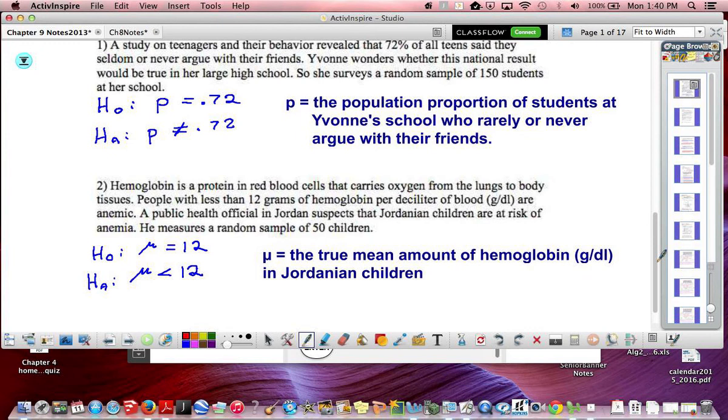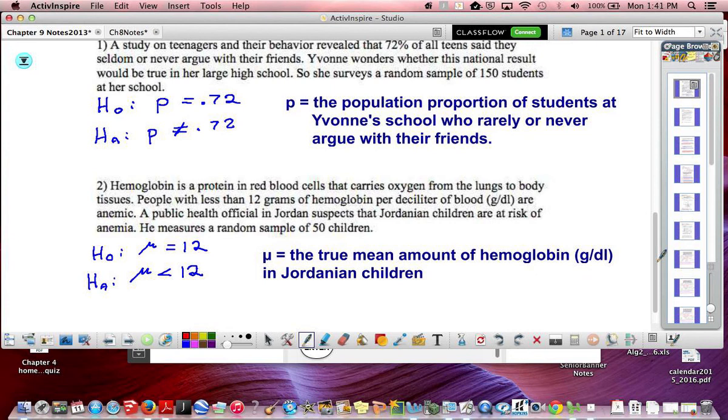So we're wondering, do we have evidence to basically claim that? That actually goes into our alternative because we're trying to show evidence that this might be happening. The assumption is that they aren't. So if they're not, the mean would equal 12. Now I know some of you would say, well, couldn't it be greater than 12 and you'd still be okay?